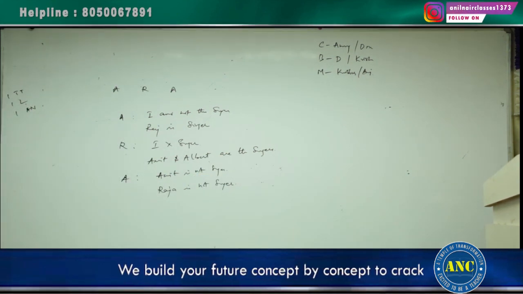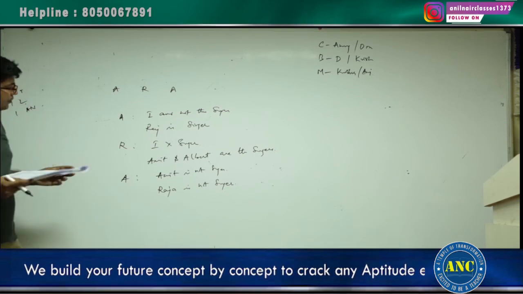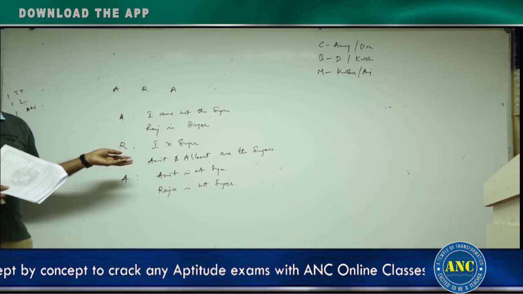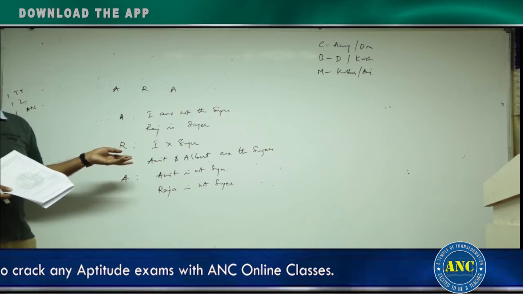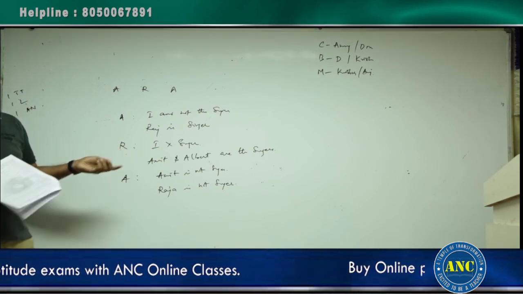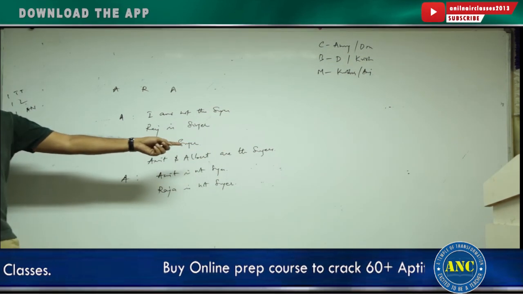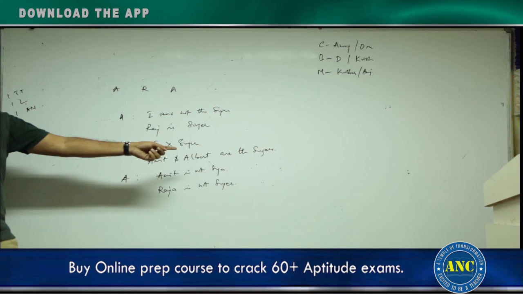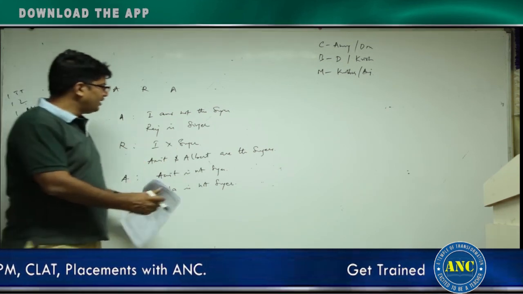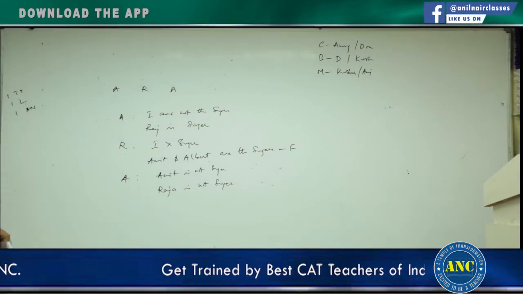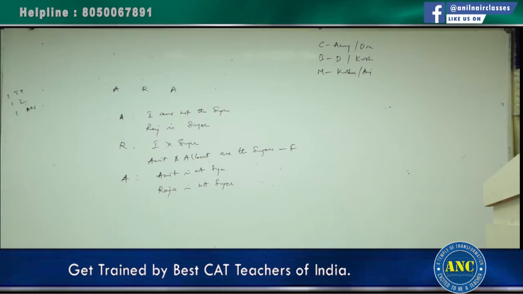Now, there are a few things that are obvious, false statements. For example, Amit and Albert are the singers. Is it a true statement? It's definitely a false statement. Why? We know there is only one singer, so it's definitely false.